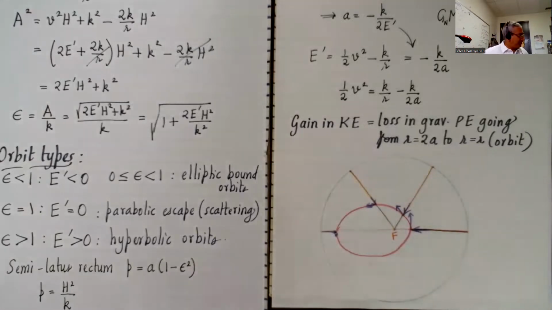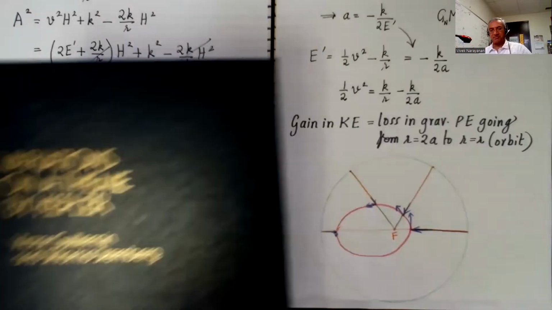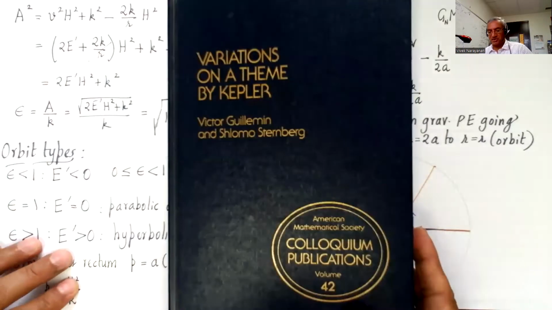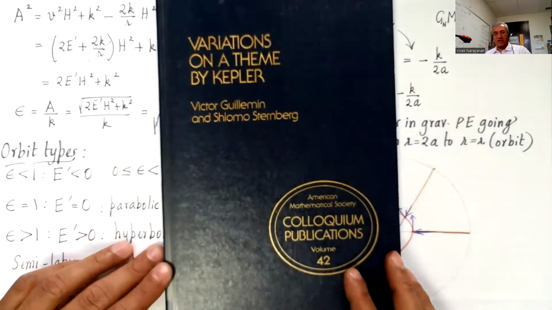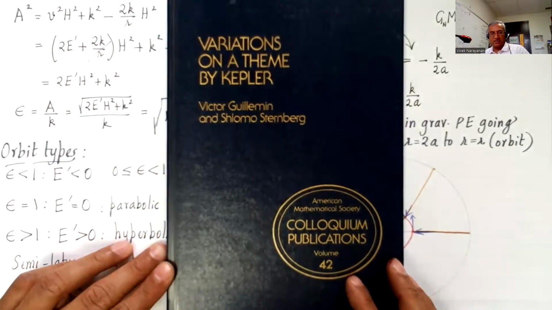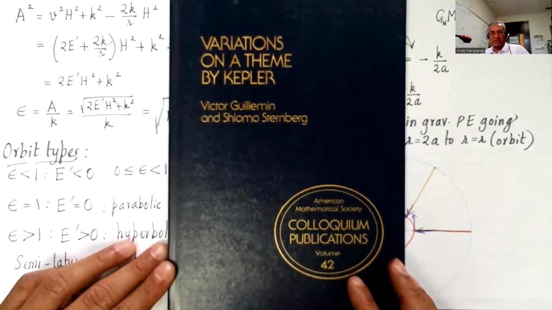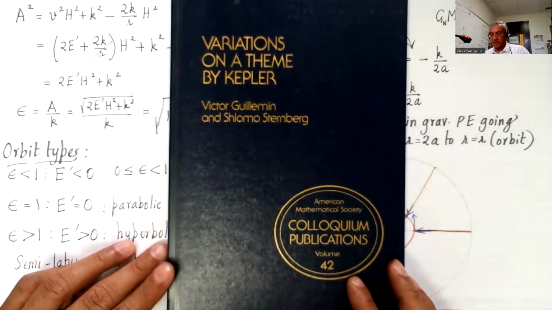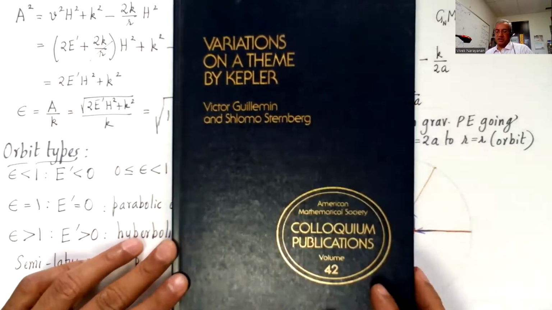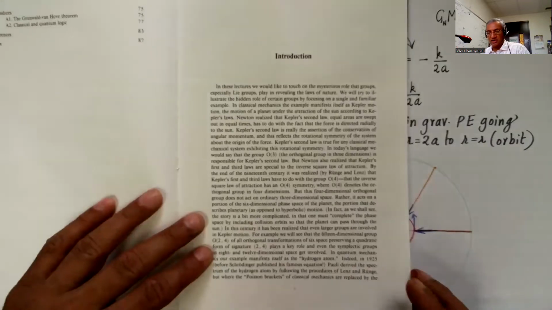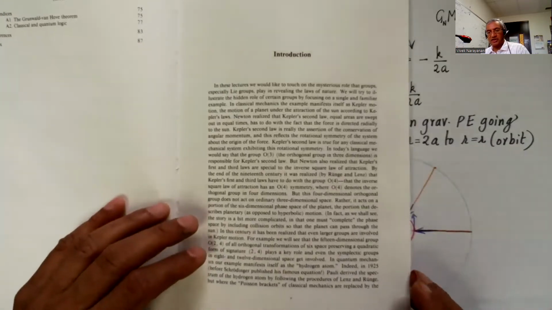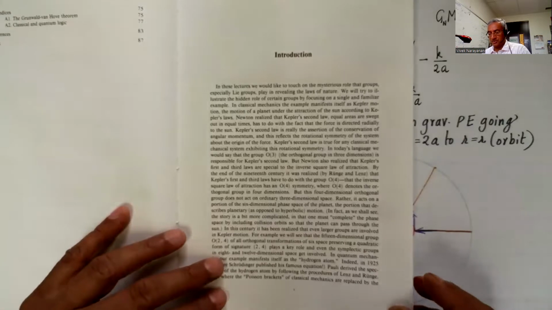I'd like to spend some minutes talking about one of my favorite books of all time, and that is this great American Mathematical Society publication called Variations on a Theme by Kepler, by two differential geometers, Victor Guillemin and Shlomo Sternberg. They are experts in their field of differential geometry, and so they take a look at the role of symmetries, especially Lie groups and symplectic geometry.